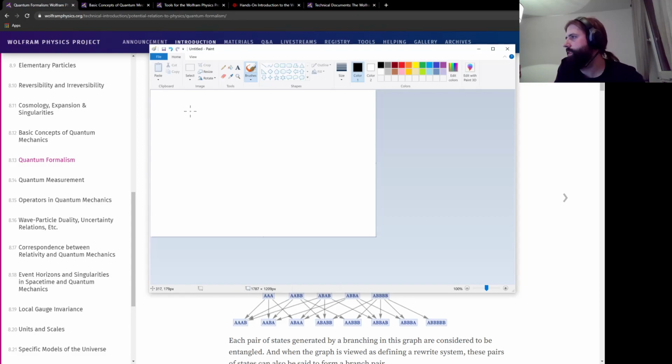So let's say that we have the states 00 and 11, and they are entangled. But it's funny because I don't know. Their parent is the 0 plus state, is it?